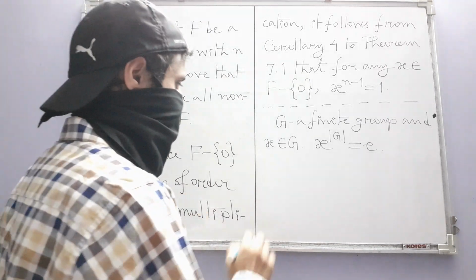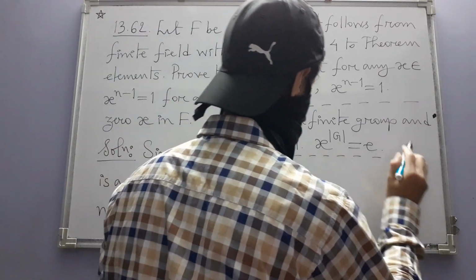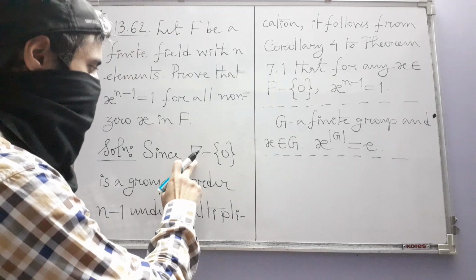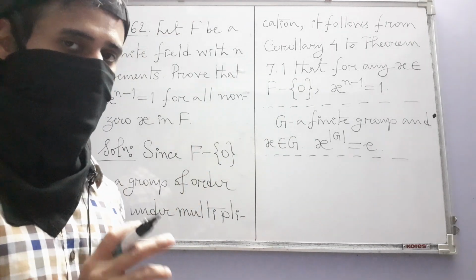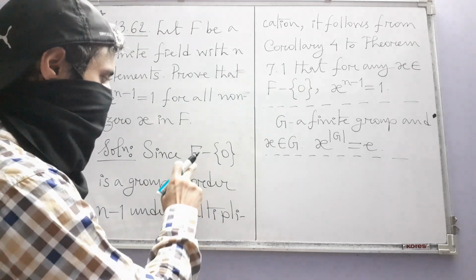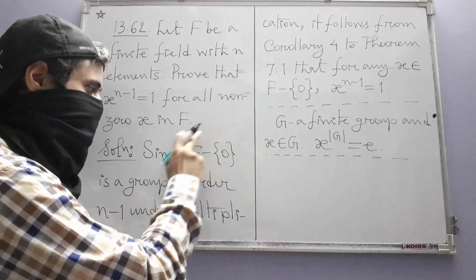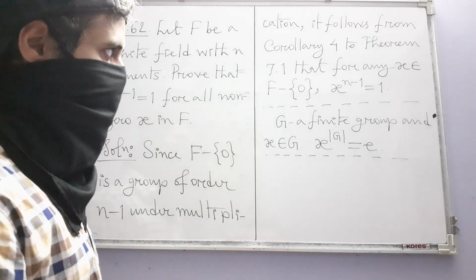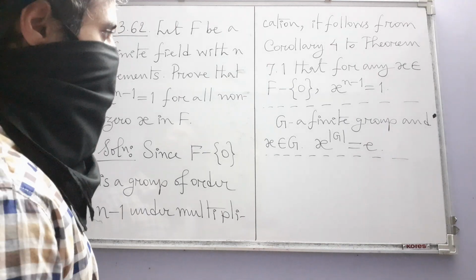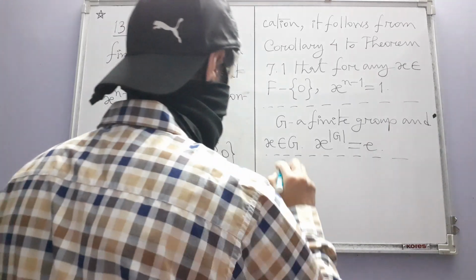It's that result. So in this case our group is the multiplicative group of all non-zero elements in the field. Because the field has n elements, the order of this group is n minus 1. So now you can see how this is true. Next.